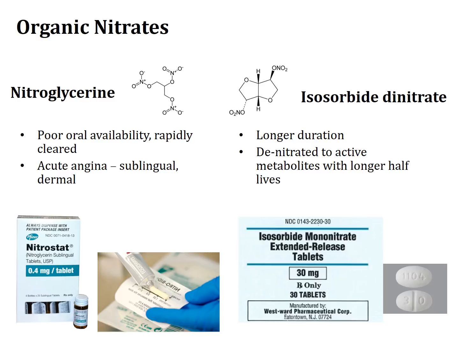So we have nitroglycerin as our fast-acting nitrate, and we have isosorbide dinitrate as our long-acting prophylaxis nitrate. And when you look at both of these molecules, you can see that each has nitric oxide, NO, as part of its chemical structure.